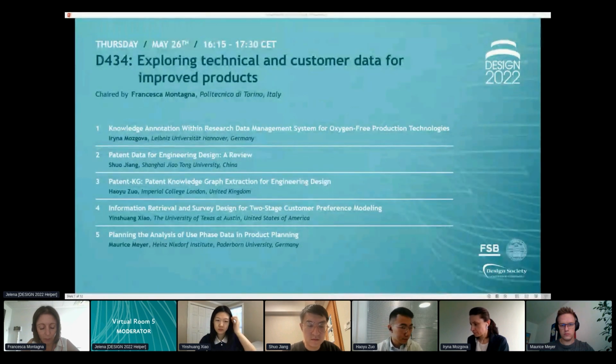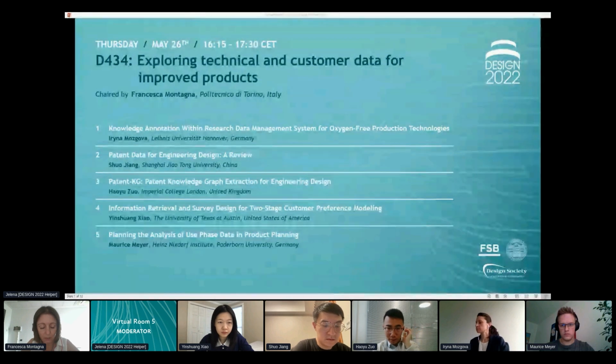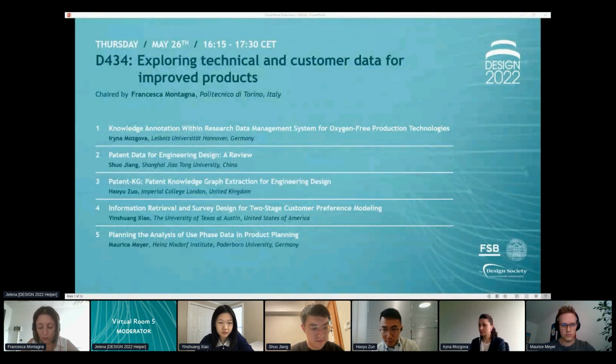Then the second paper is instead from Shuo Yang, and here we have a paper whose title is Patent Data for Engineering Design and Review. And the presenter is a student that was visiting PhD at the Massachusetts Institute of Technology for 1 year.